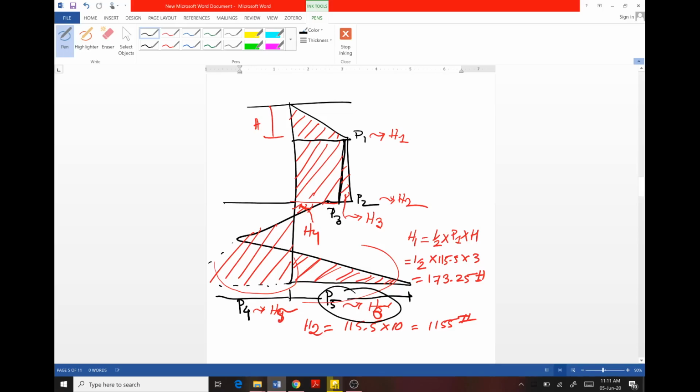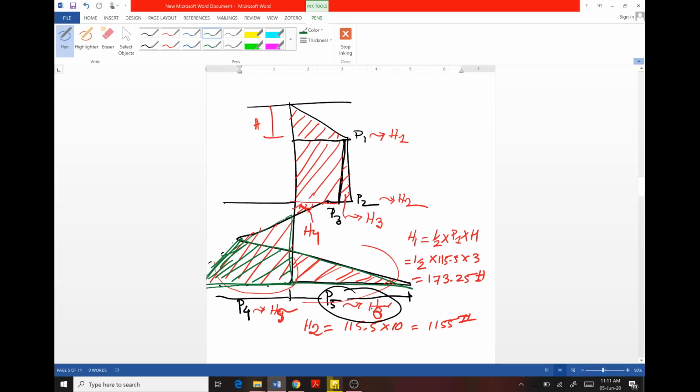This green hatched one is the redundant area, but to determine the value of H5 we already took this whole triangle. So for determining H6, we will take this whole triangle and subtract this portion, H6 minus H5.